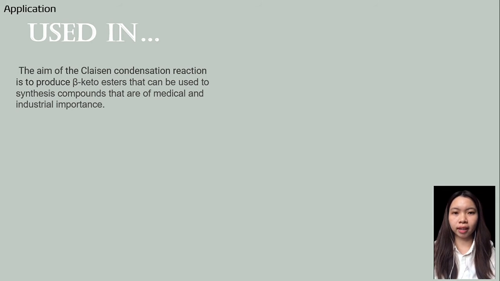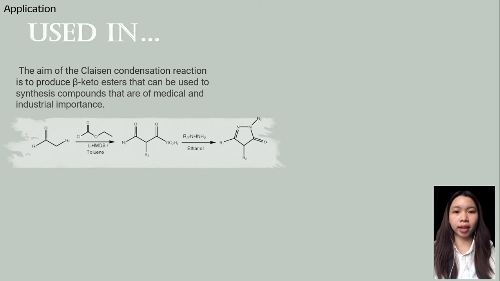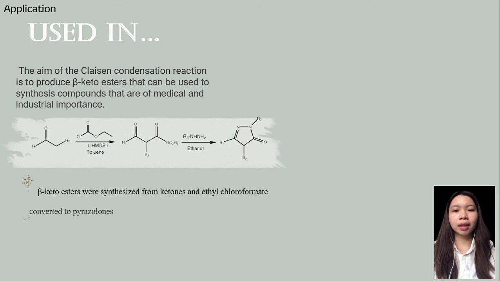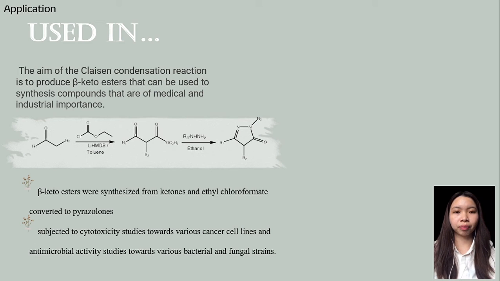For instance, a series of beta-keto esters was synthesized from ketones and ethyl chloroformate in the presence of base, which in turn were converted to pyrazoles and then subjected to cytotoxicity studies toward various cancer cell lines and antimicrobial activity studies toward various bacterial and fungal strains.